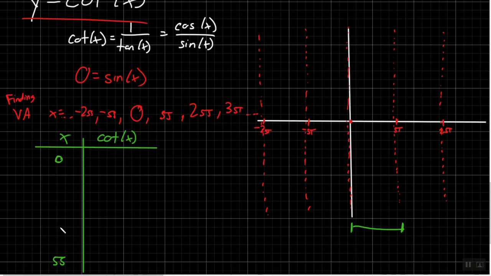In between 0 and pi. So I'm at 0 degrees and 180 degrees. What's in between those in degrees? Pi is at 180 degrees. So what's in between those two?